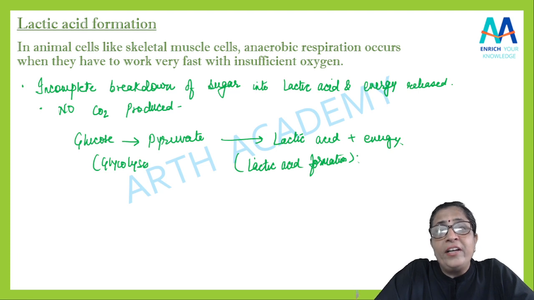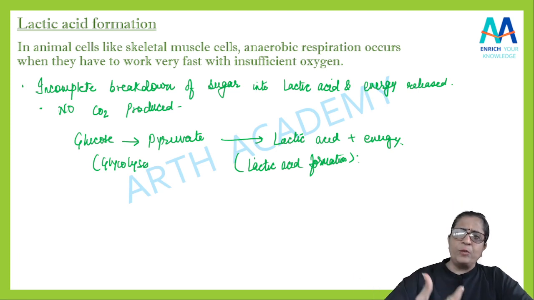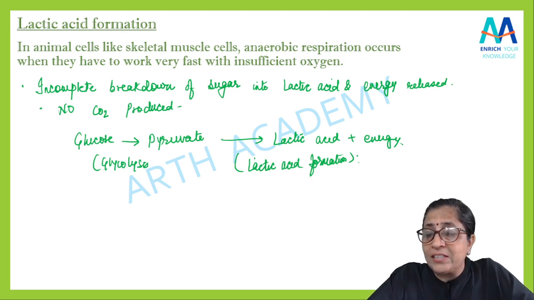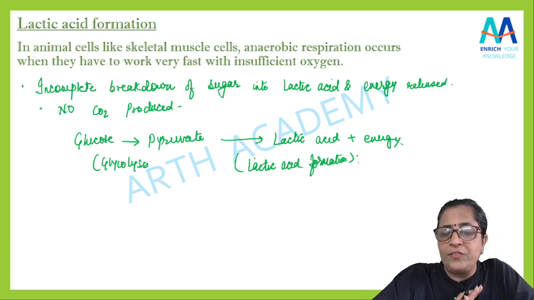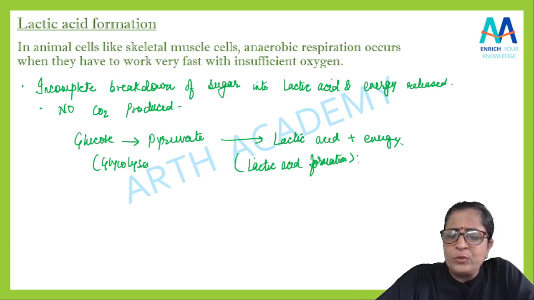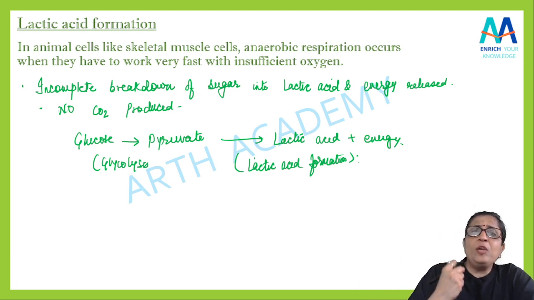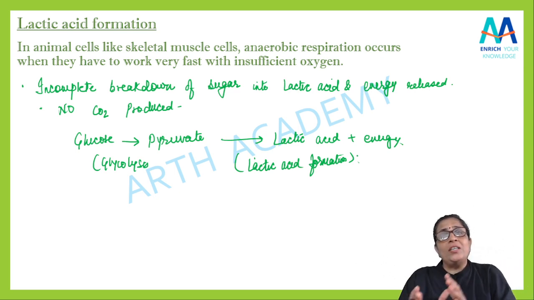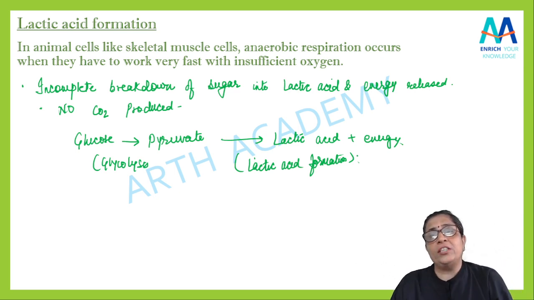Wrestlers, weight lifters, the sports persons, as well as people like us when we are doing vigorous physical exercises, very much. What happens at such a time, students? Our body needs more energy that is not satisfied by our normal respiration.